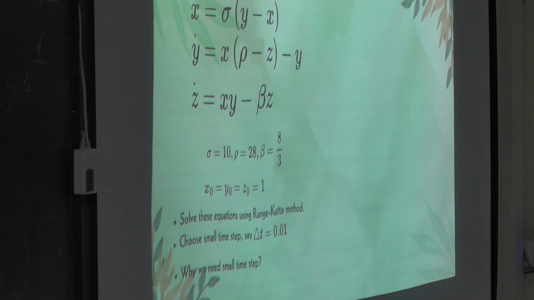Iterate until 100, and then you put in this equation, and then you put in this equation, and then try to solve using Runge-Kutta.